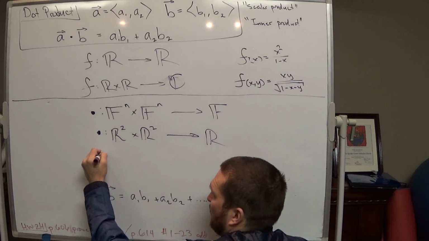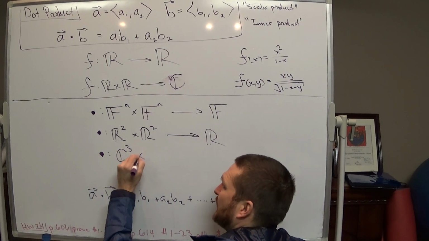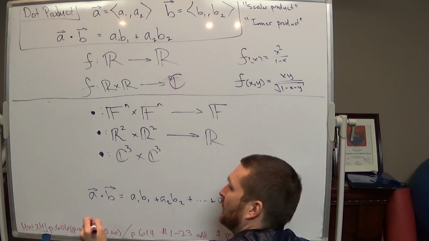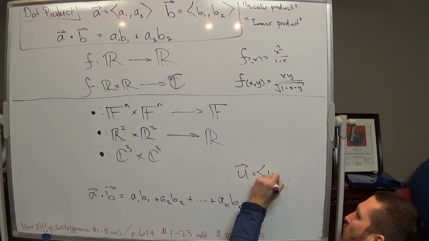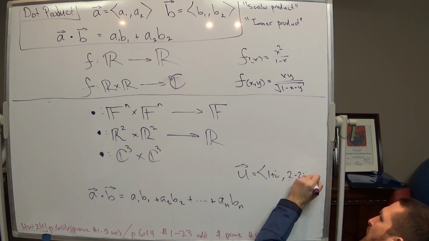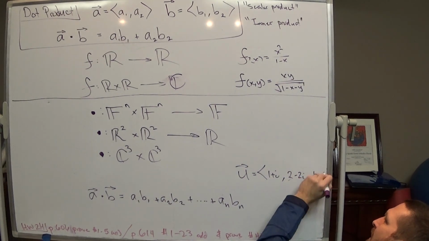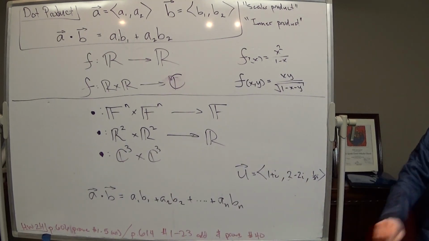And again, here's another example. You could, for instance, have 3-dimensional complex vectors, where your vector u looks something like 1 plus i, comma, 2 minus 2i, comma, 1/3 i. That would be 3-dimensional, because you have 1, 2, 3.